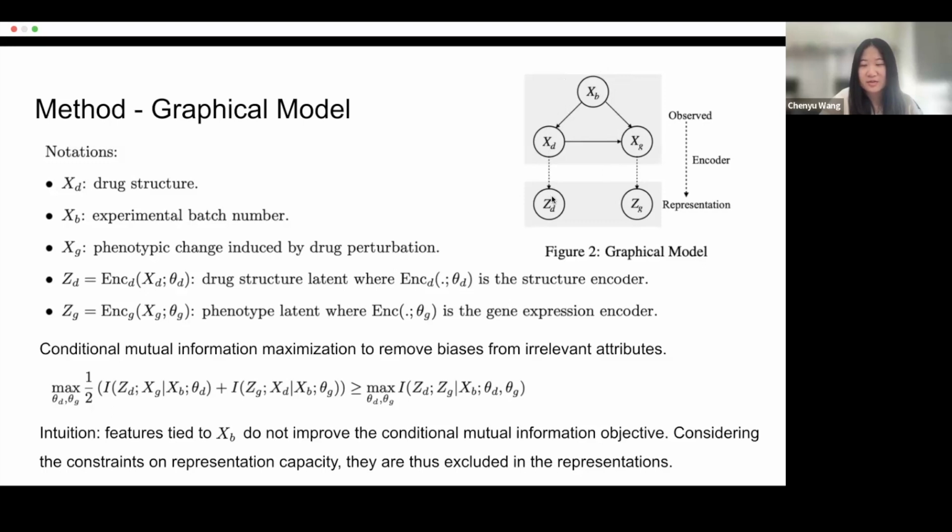And further, there are also 2 latent representations that we are learning based on each single modality respectively.